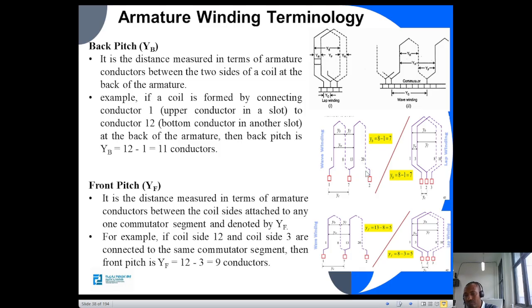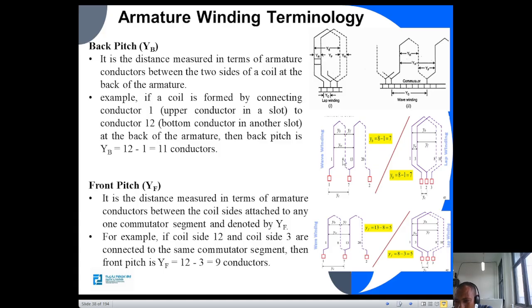See this. This coil side is at 1, and it is connected with 13. The back pitch is the difference of the two.